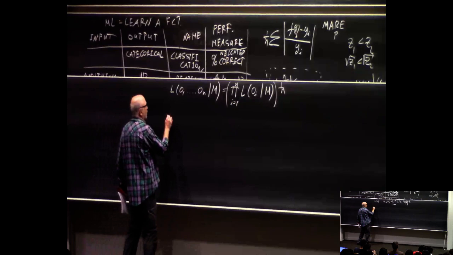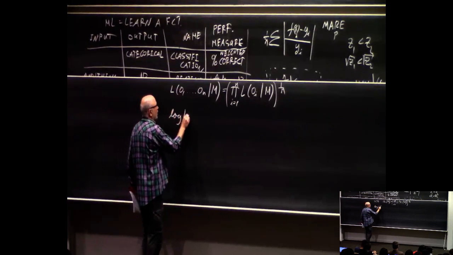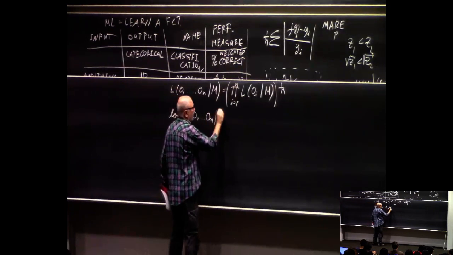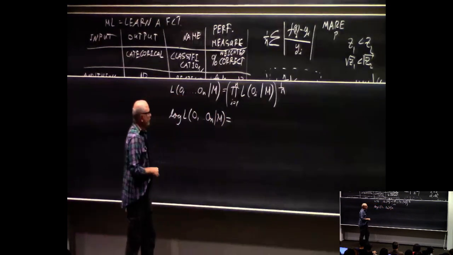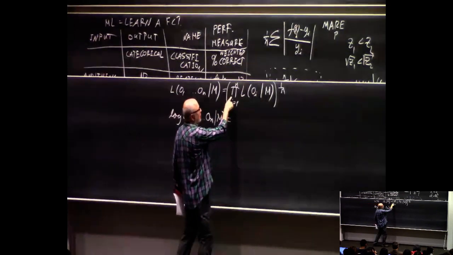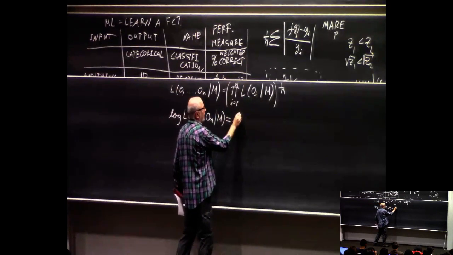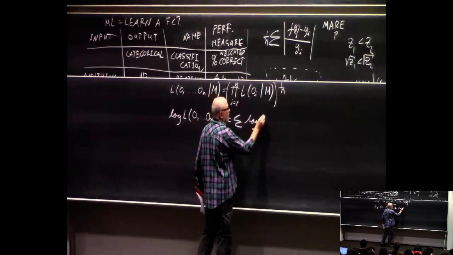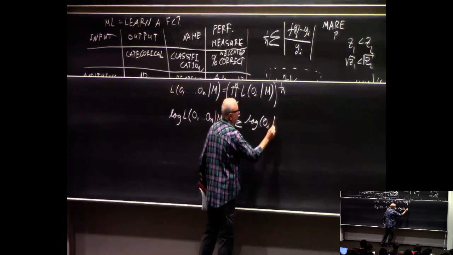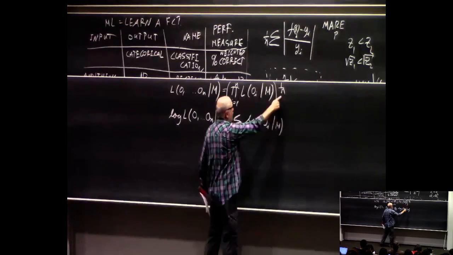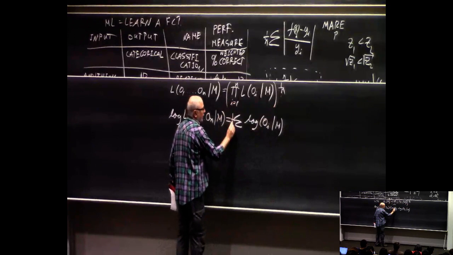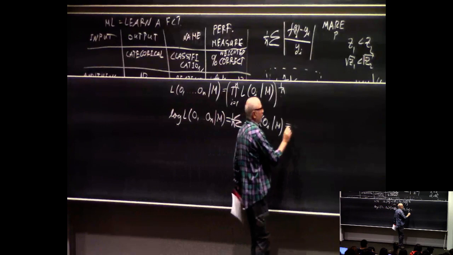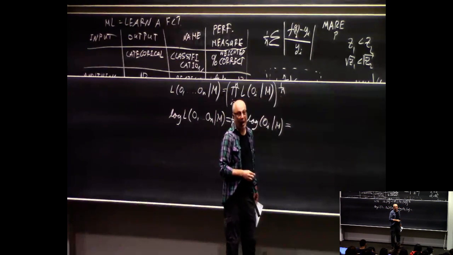Log likelihood given your model is a log of this, and the log of this can become a sum of logs of individual elements, and then the 1 over n here becomes 1 over n here. And this goes by the very apt name, average log likelihood.